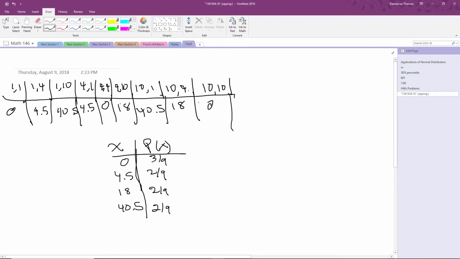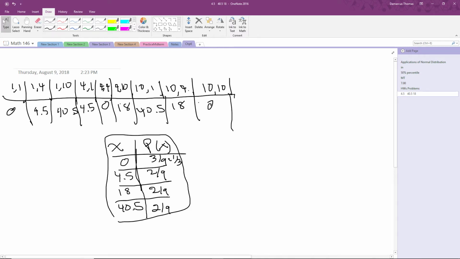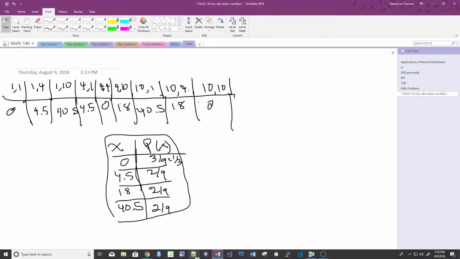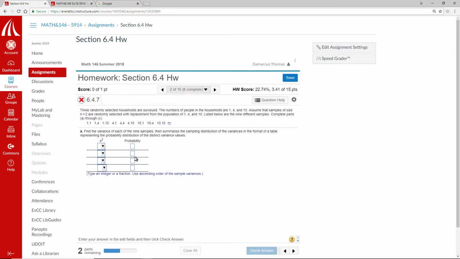Alright, now 3 9ths actually does reduce, but this does show that they all add up to one whole. 3 plus 2, 2, and 2 is 9, so 9 over 9. So there's my probability distribution table. But I should reduce this to 1/3. So 1/3, 2 9ths, 2 9ths, 2 9ths. And so now what we do is just enter this in.